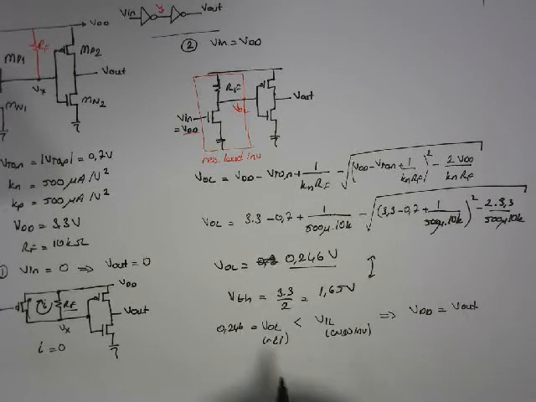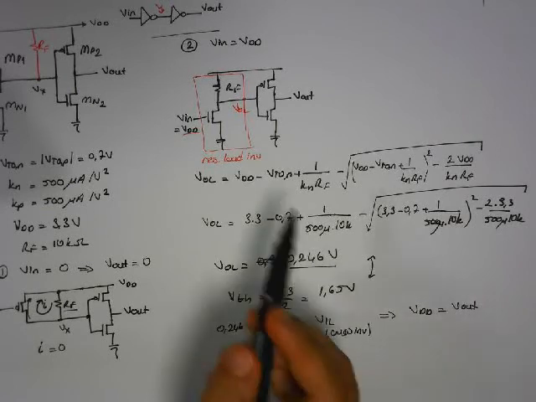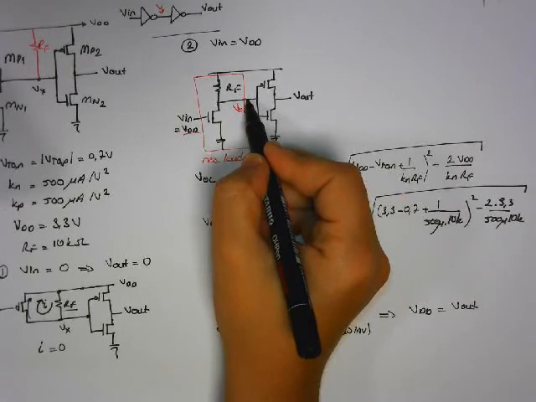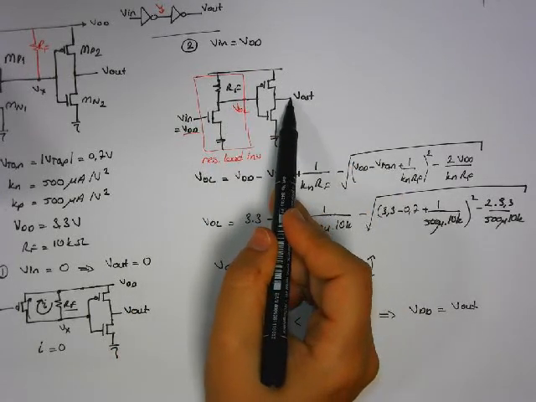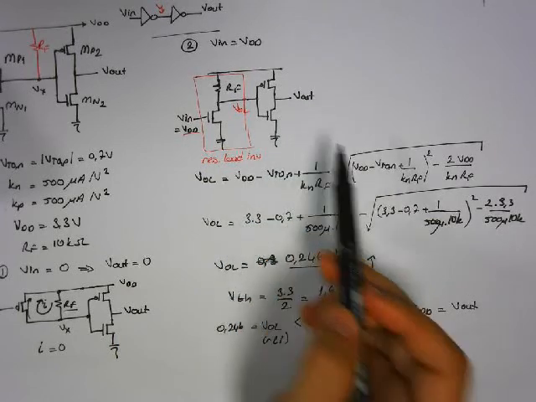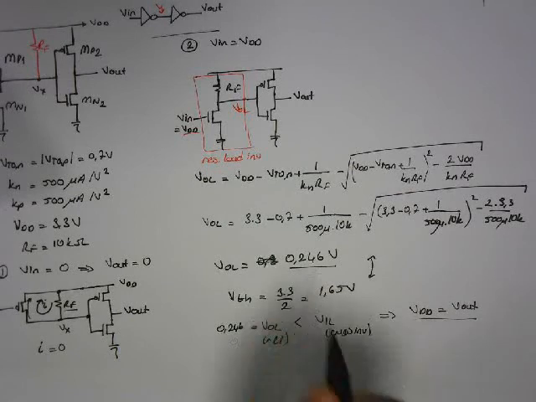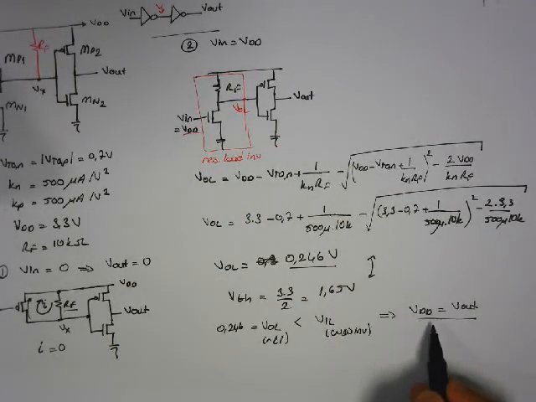And here, if you calculate VIL, you will see that it is far above this value VOL here. So we can say that there is a logic 0 at the input of the second inverter, so the output of the second inverter will be logic high. And logic high means VOH for this CMOS inverter, and that is equal to VDD.